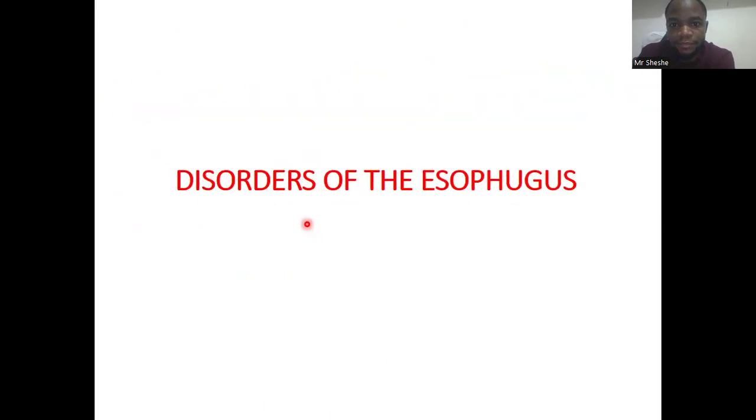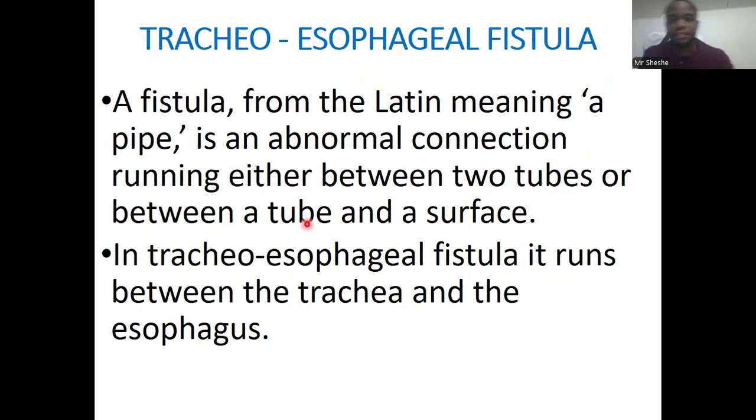Now, let's look at some of the disorders associated with the esophagus, starting with the tracheoesophageal fistula. A fistula is a connection, or abnormal communication, between two tubes of the body. So we're talking about the trachea as well as the esophagus.